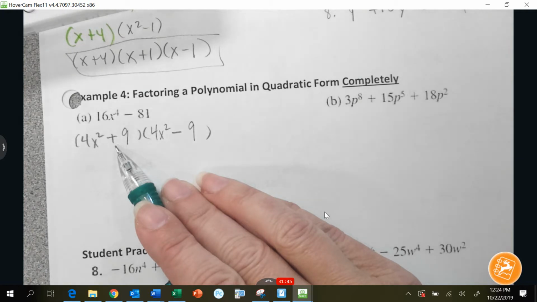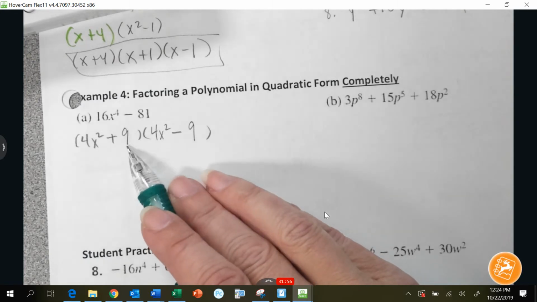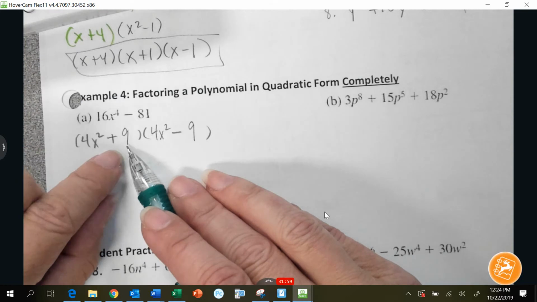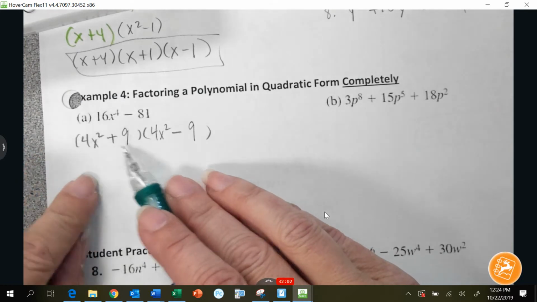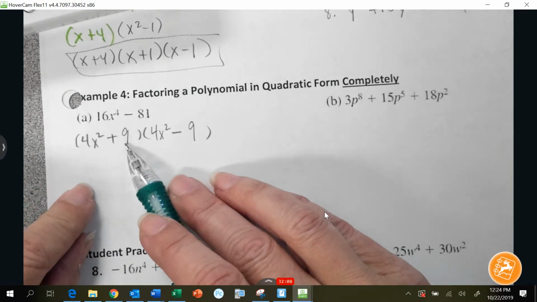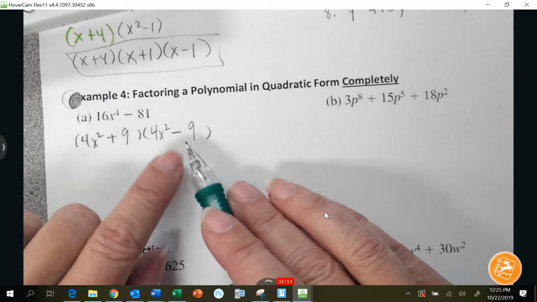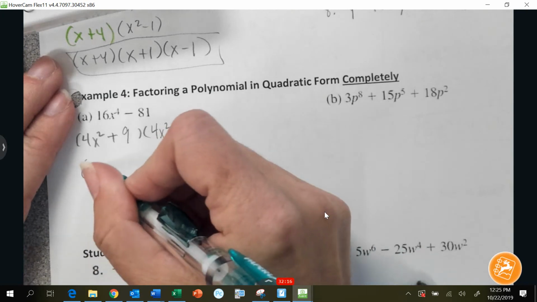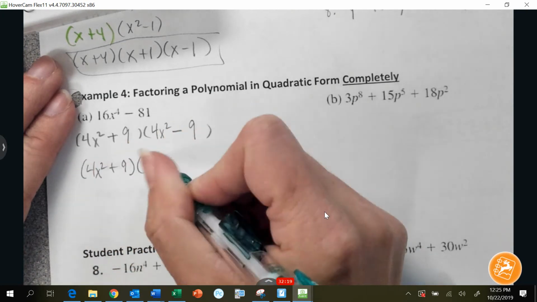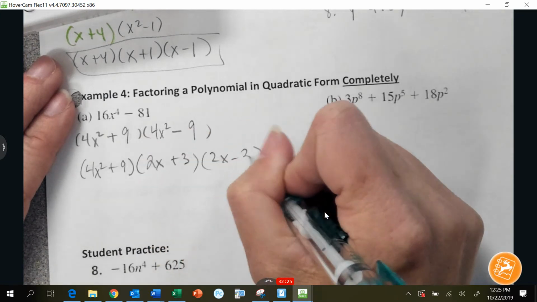Because you can't, I don't want to say get the middle, but I mean, if I split it up and then FOIL it back together, there's no way the middle's going to cancel out. I could do negative and negative to be a positive 9, or I could do positive and positive to be positive 9. But that middle's not going to cancel out. This you cannot factor further. There is not a sum of squares. There is only a difference of squares. So 4x squared plus 9 stays. But then 4x squared minus 9 becomes 2x plus 3 and 2x minus 3.